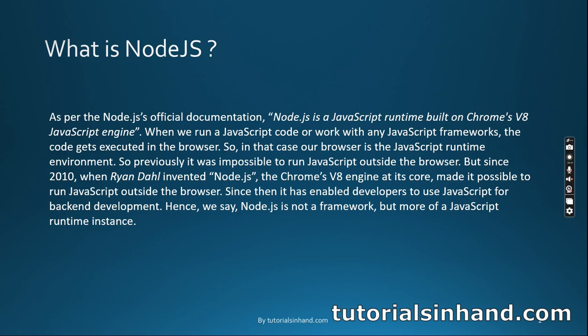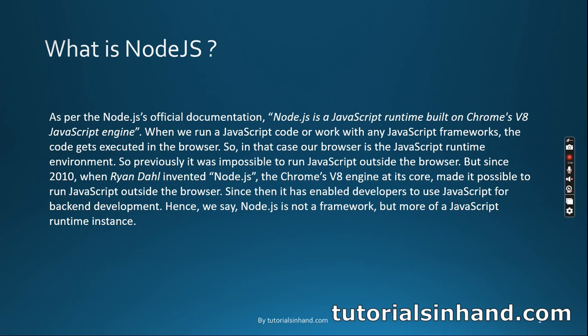Previously it was impossible to run JavaScript outside the browser, but since 2010, when Ryan Dahl invented Node.js, the Chrome's V8 engine at its core made it possible to run JavaScript outside the browser. Since then, it has enabled developers to use JavaScript for backend development. Hence we say Node.js is not a framework but more of a JavaScript runtime instance.